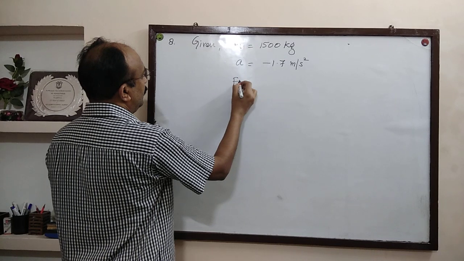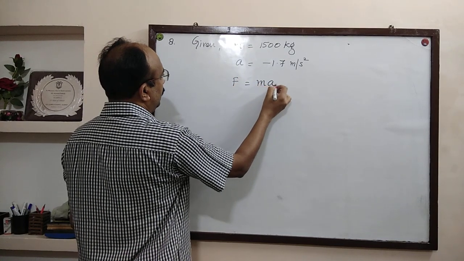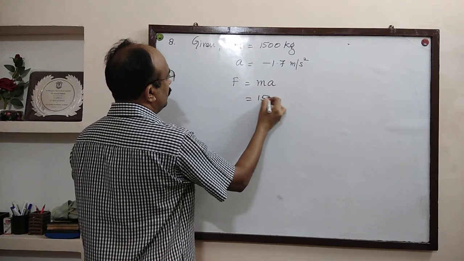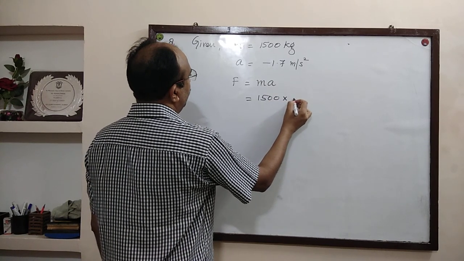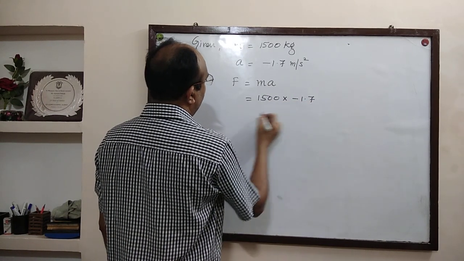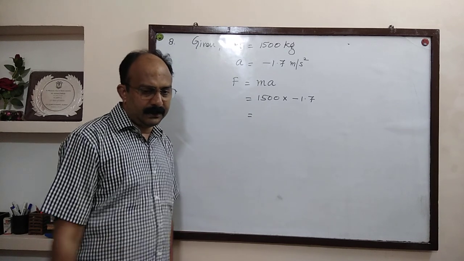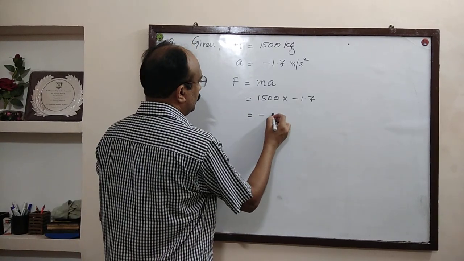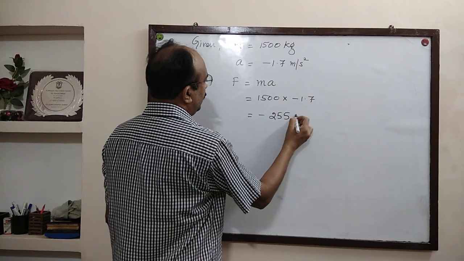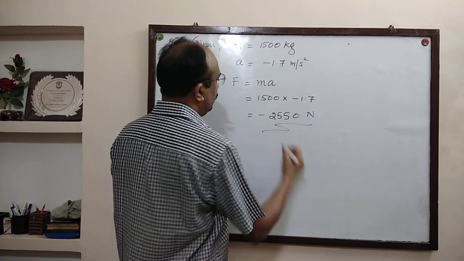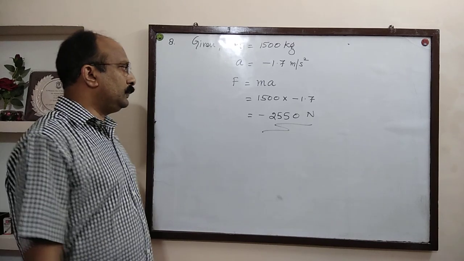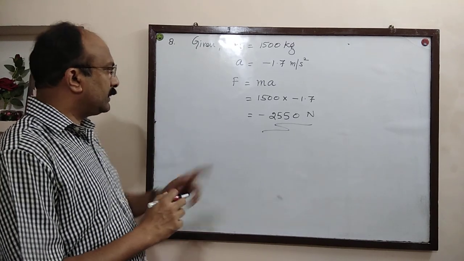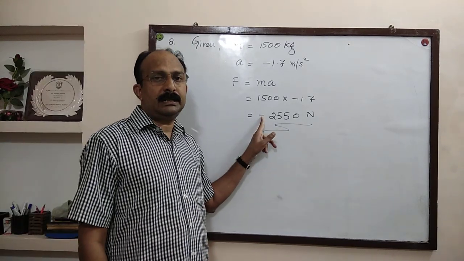Now the simple formula F is equal to MA is equal to 1500 into minus 1.7, which is equal to minus 2550 Newton. What does this minus sign indicate?